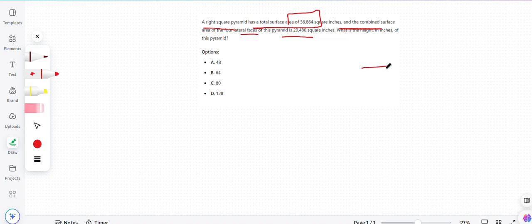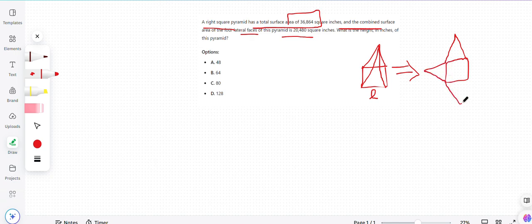For example, let me consider a rough figure of a square pyramid like this. This L is the length of the side of the pyramid, and if we open this pyramid and see the open view, the lateral triangular faces look like this when it is opened.